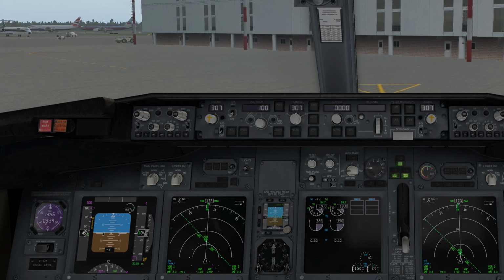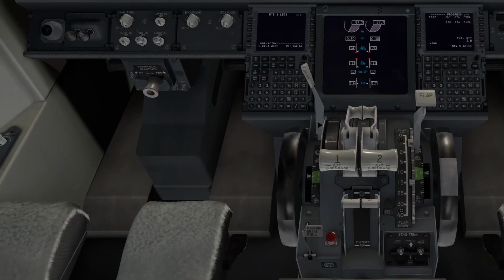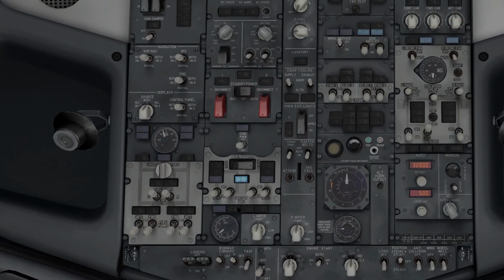And we stop here. Parking brake on. APU gen on. Bleed on.